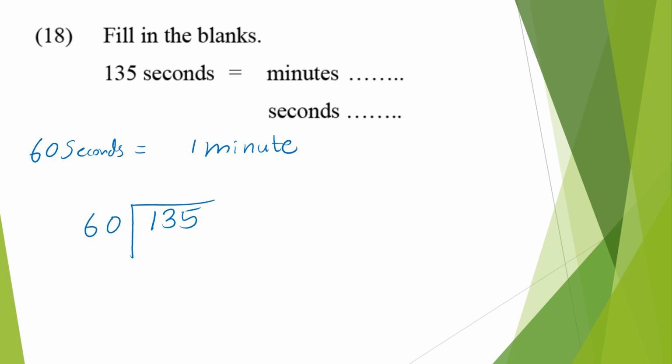For this, 120, there are 2 60s. 2 into 60 means 120, and the remainder is 15, right? So that means 2 minutes and 15 seconds. This is how you get the answer for this one.